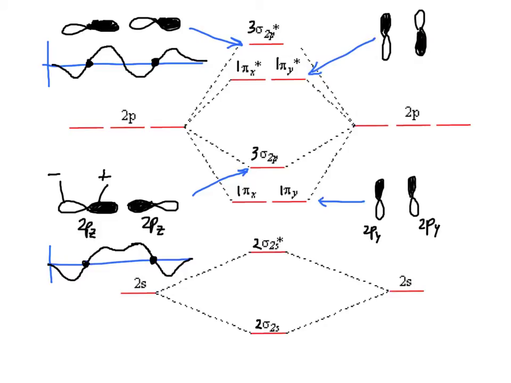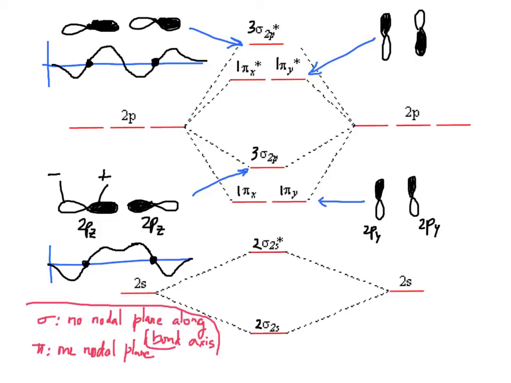So the sigma label is used whenever the wave function has no nodal plane along the bond axis. The pi label is used when there is exactly one nodal plane along the bond axis. And extending this further, delta, that is the next one, the delta type of molecular orbitals will have two nodal planes along the bond axis, and so forth. So this is the reason for the nomenclature sigma, pi, delta, etc.